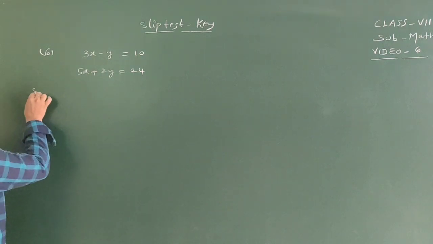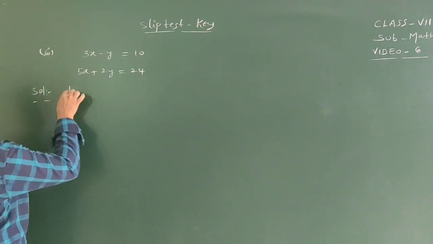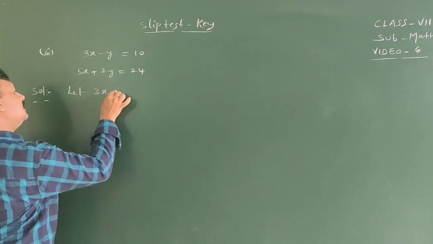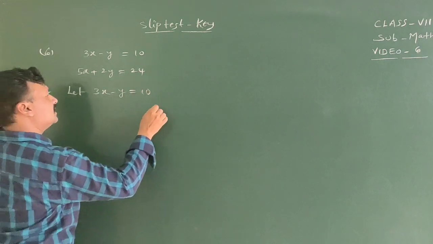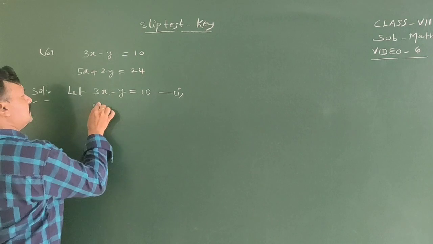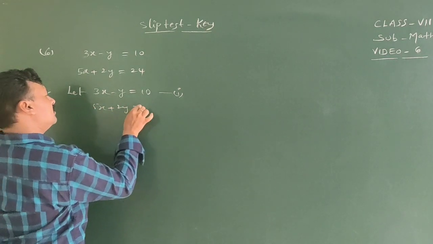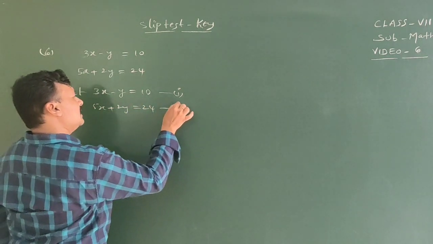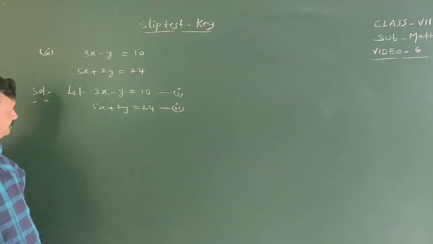Your wish. Let 3x minus y equal to 10 be the first equation, and 5x plus 2y equal to 24 be the second equation.